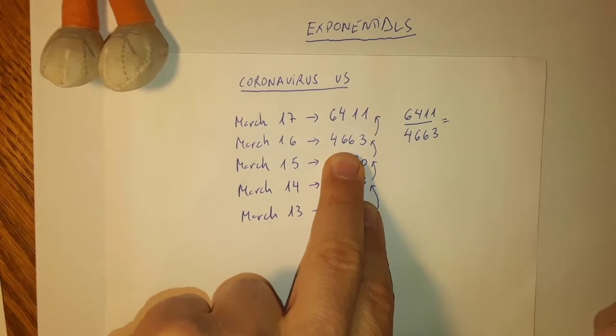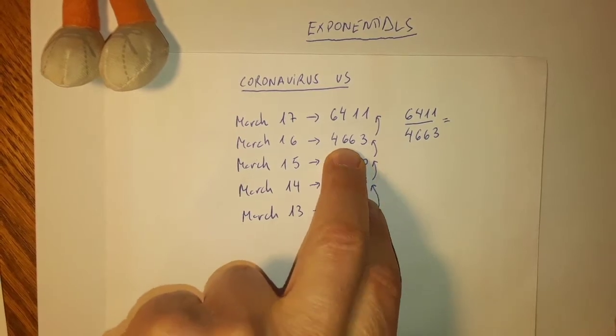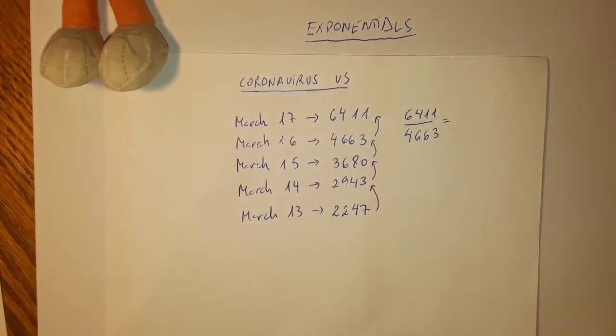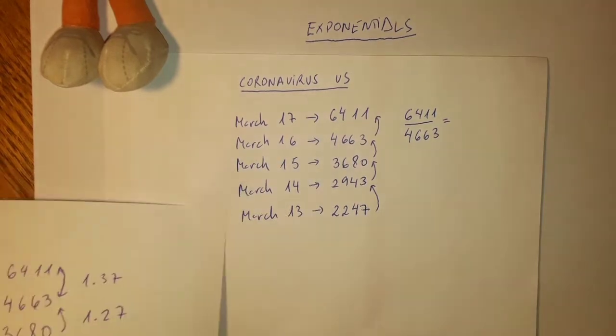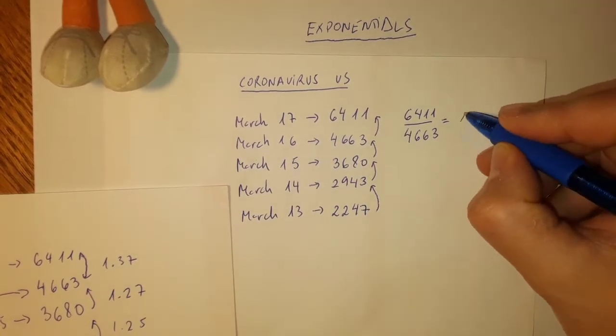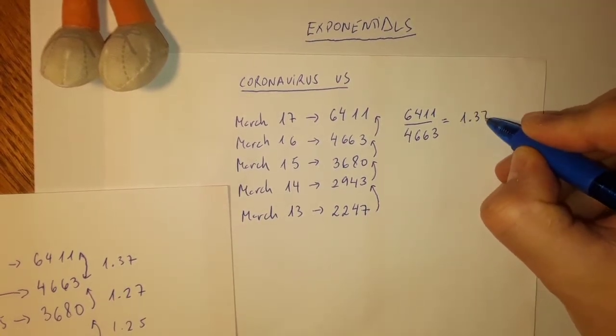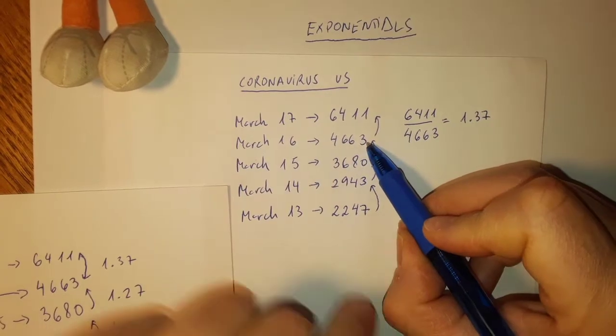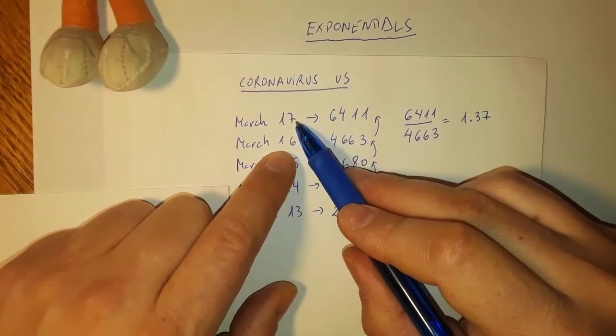If we do this math, what we find is that every day that passes, we have a multiplier that is close to 1.3. It's 1.37 from March 16 to March 17.